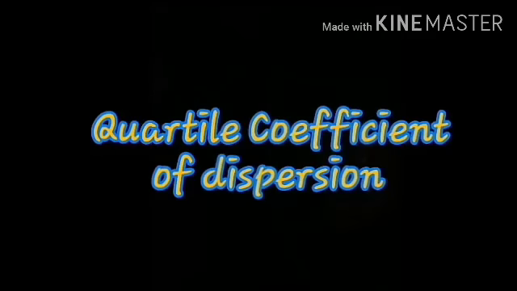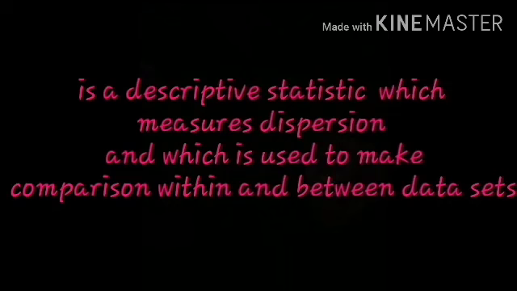Quartile coefficient of dispersion. Quartile coefficient of dispersion is a descriptive statistic which measures dispersion and which is used to make comparisons within and between data sets. Quartile coefficient of dispersion is a measure of the spread of a data set.